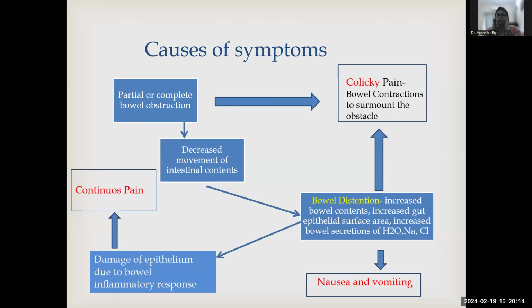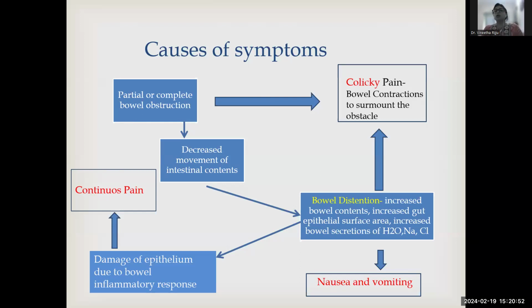So if a patient says my mother has not passed stools for 5 days, but she's not been eating either, so probably that is the reason, you have to tell the family that even if your mother has not eaten food, it is quite possible that there is some fecal content leading on to the constipation, because even if no food is eaten, there are bowel secretions which mount to fecal mass.